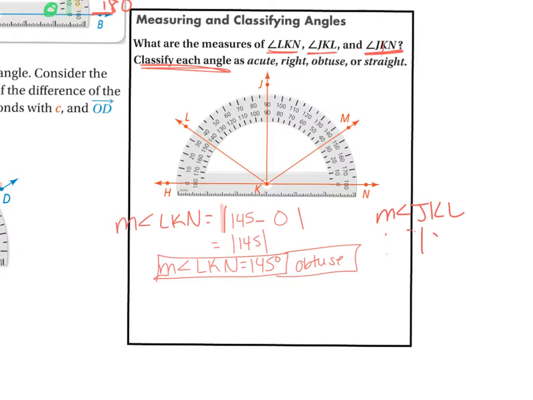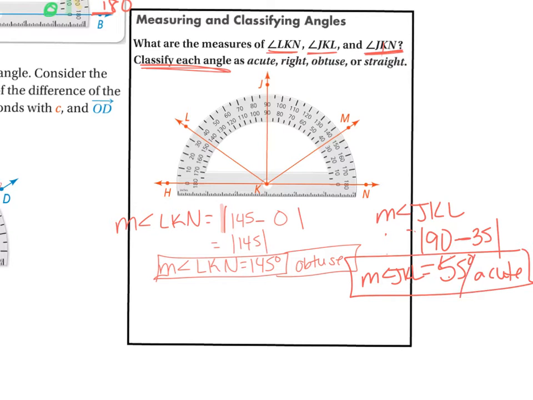So the absolute value of 90 at J minus L. We can either look at the inside or the outside. I'm going to look at the outside. So 90 minus 35, absolute value. That gives you 45. Nope, I was wrong. Sorry, 55. So the measure of angle JKL is 55 degrees. And that would be an acute angle. So there's that answer.